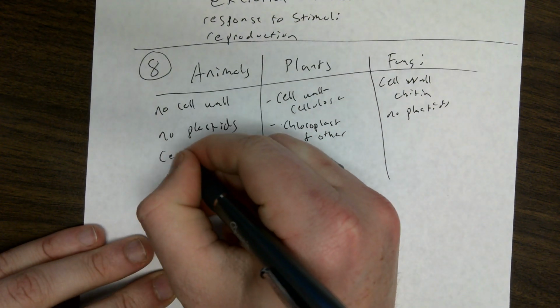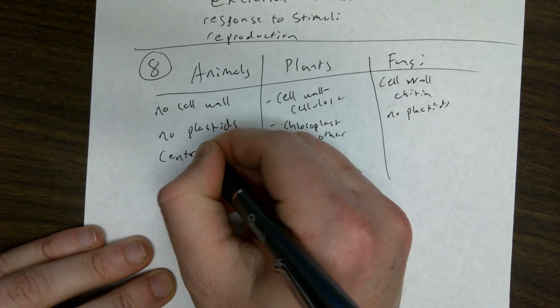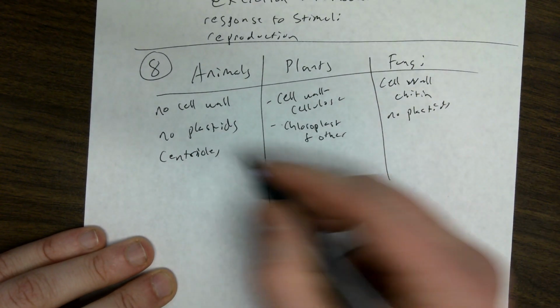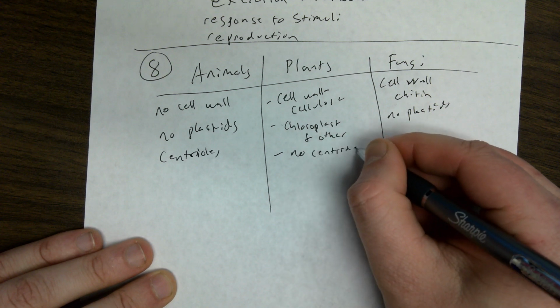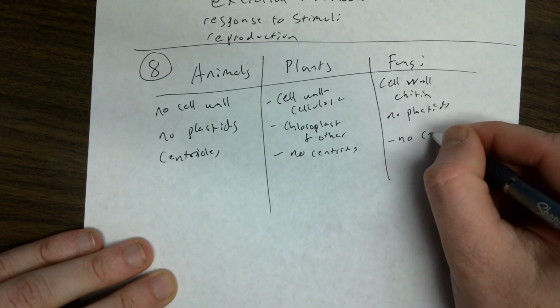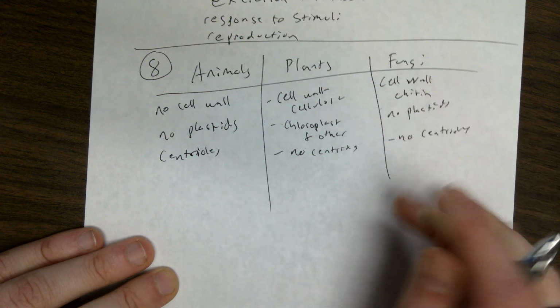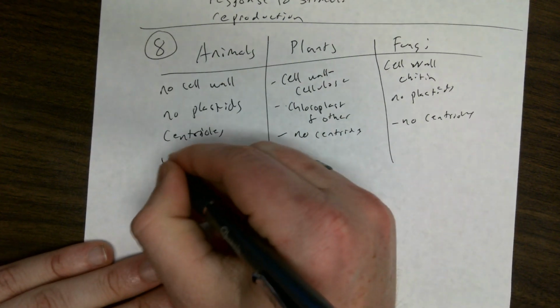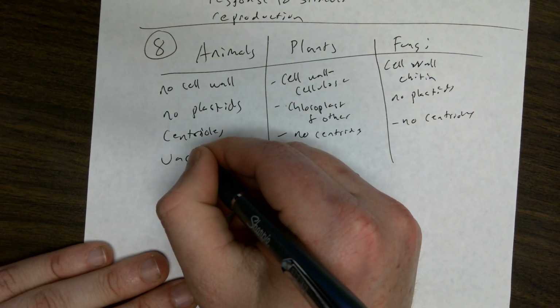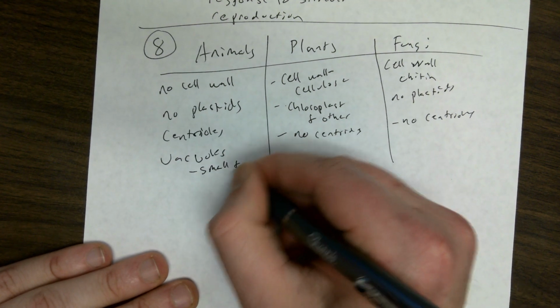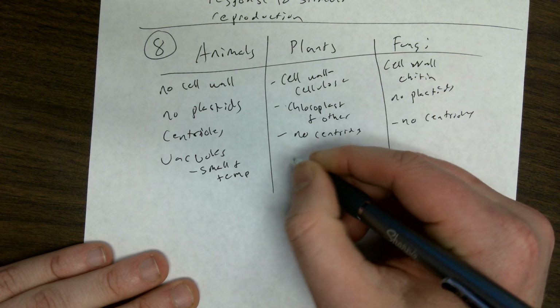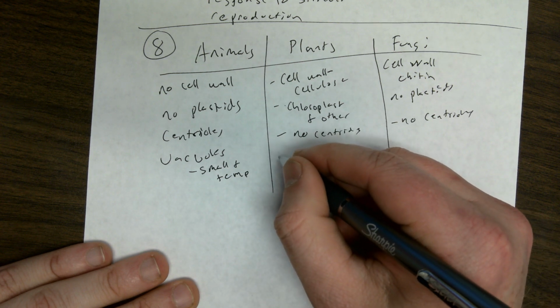Here we have centrioles. These are used in mitosis. None. No centrioles. No centrioles. Vacuoles, right? They all have vacuoles, but they're small and temporary, whereas in these, they're large and permanent.